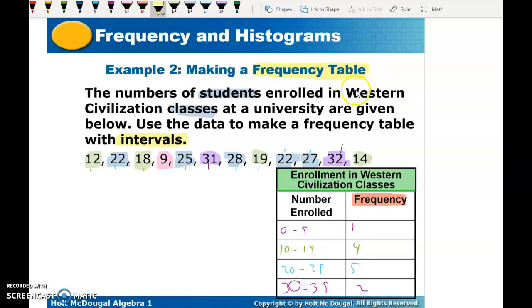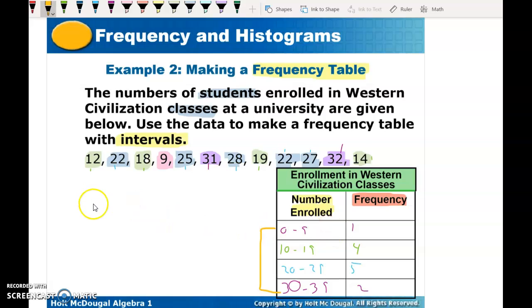All right. So things to notice about the frequency table that we just created. First of all, each of these intervals down here, they're all the same width. Notice how they each go from 0 to 9, 10 to 19, 20 to 29, and 30 to 39. So each of these intervals has a width of 10.